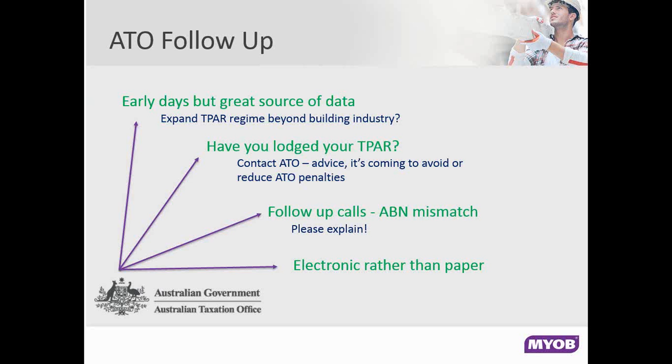And believe it or not, whilst the ATO wanted the taxable payments regime to come on board, they really did want an automated process that software could do, and that it should be a simple, easy to do process at the end of the year. So they'll definitely be promoting the electronic use of it next year rather than paper.